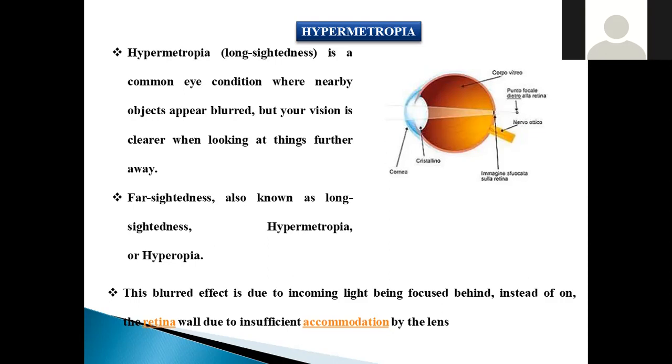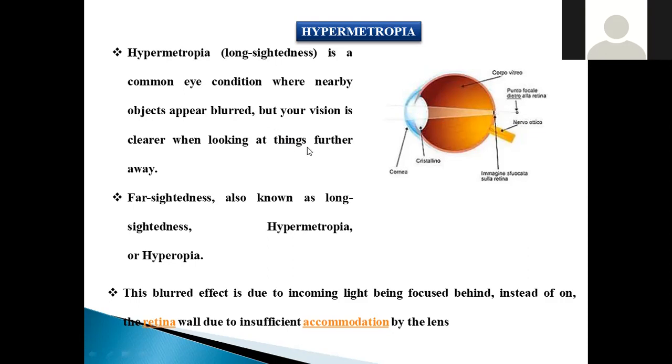That is called hypermetropia. When the object is placed very near to the eye, this lens is not able to focus that light on the retina. Instead, the image will be formed beyond the retina. That's the reason why the retina will not get any information about that object, and you can't see that object in a clear manner.